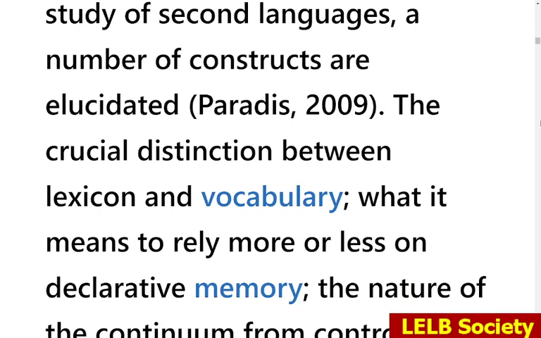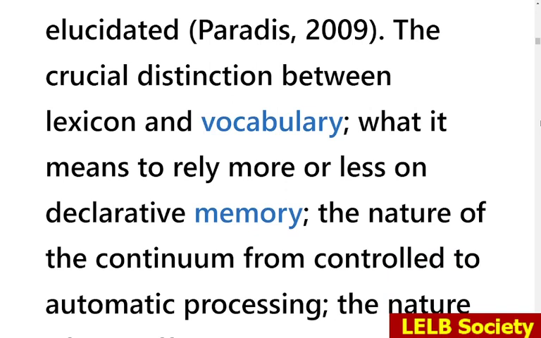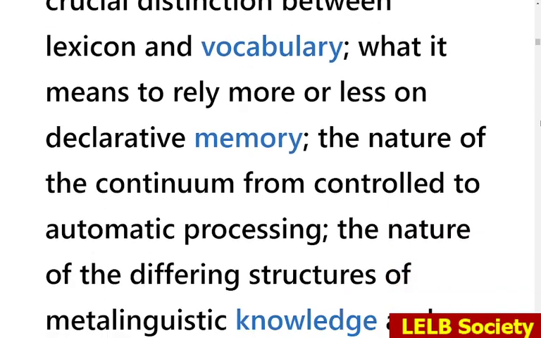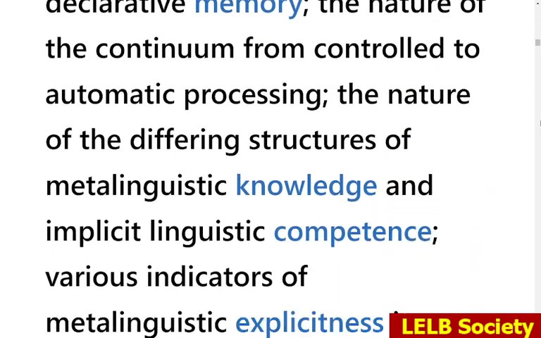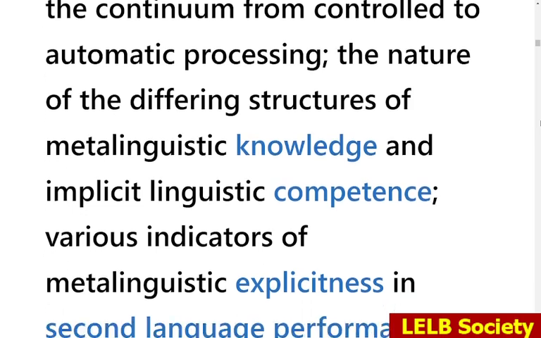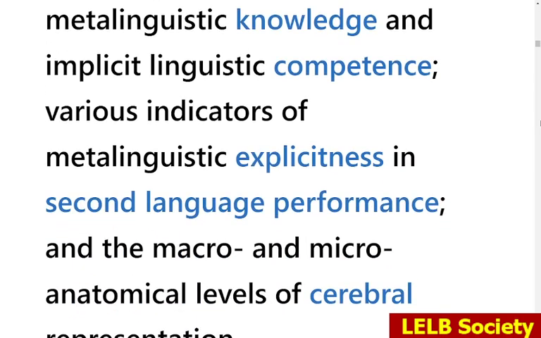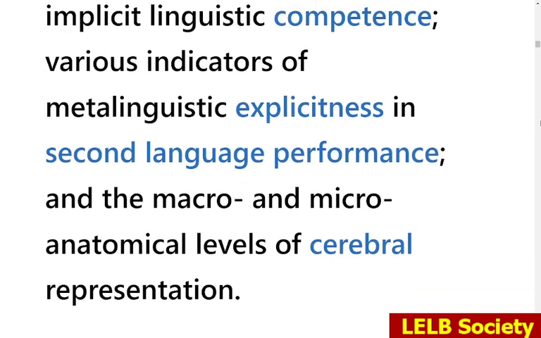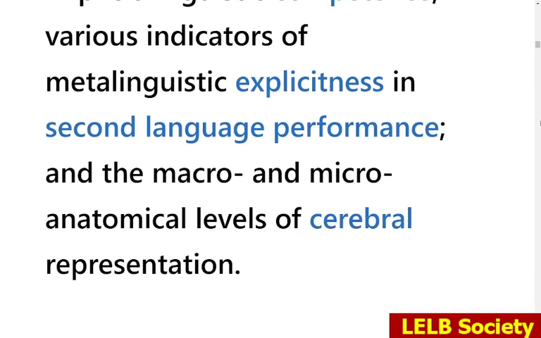The crucial distinction between lexicon and vocabulary, what it means to rely more or less on declarative memory, the nature of the continuum from controlled to automatic processing, the nature of the differing structures of metalinguistic knowledge and implicit linguistic competence, various indicators of metalinguistic explicitness in second language performance, and the macro and also micro-anatomical levels of cerebral representation.